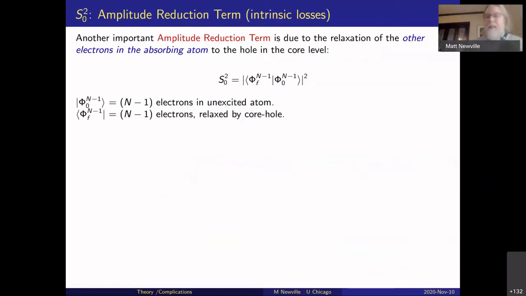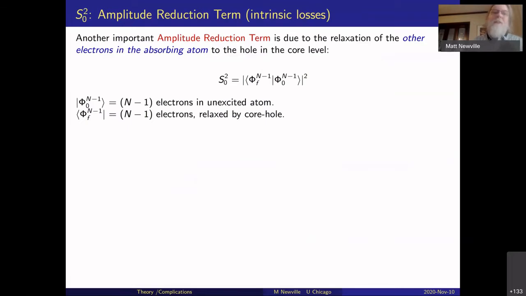Okay, and in addition, there's the intrinsic loss term, which, although we can account for the core hole lifetime and fold that into lambda, as is typically done, there is another term. Because the core hole is created in the absorption process, the other N-1 electrons within that atom can relax.